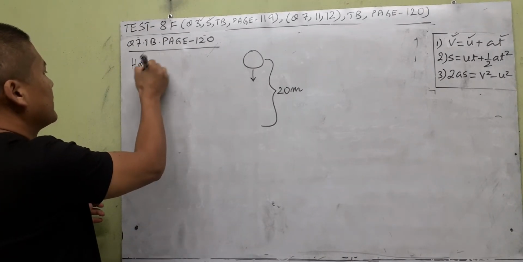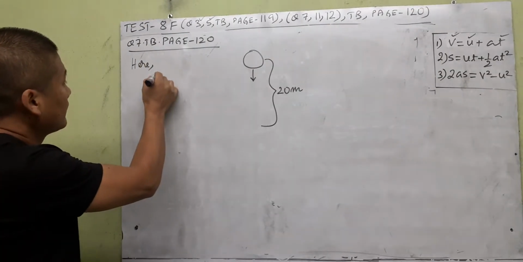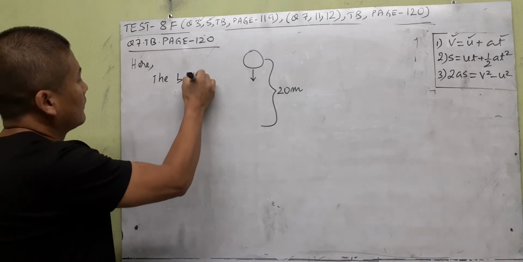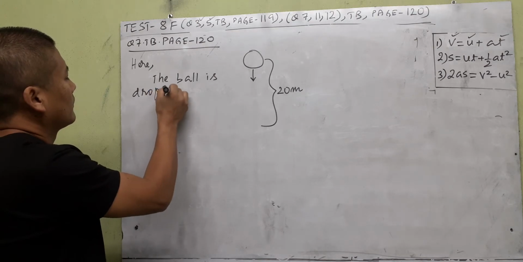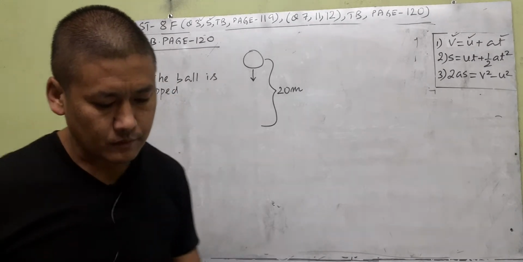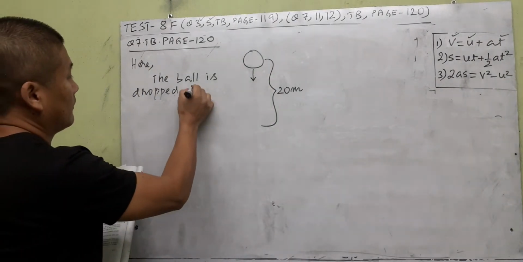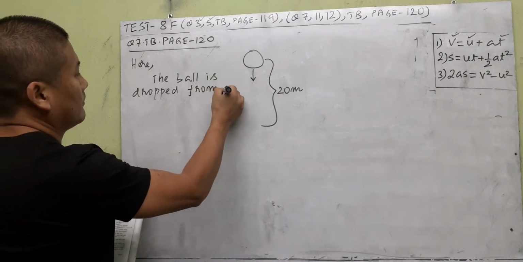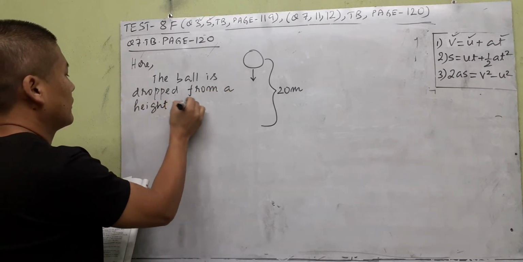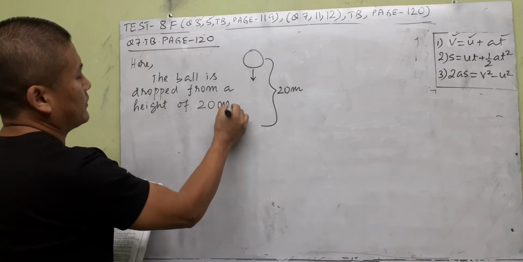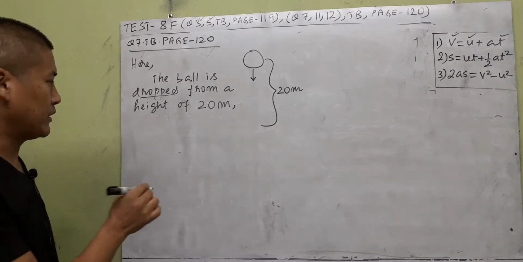The first sentence of the question is saying the ball is dropped from a height of 20 meters. So this word dropped, we need to keep that in mind.